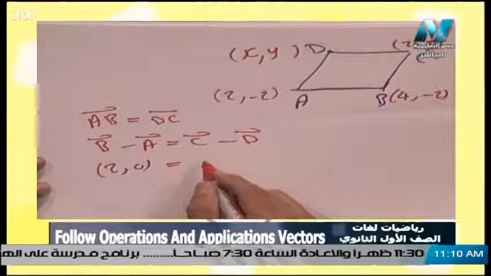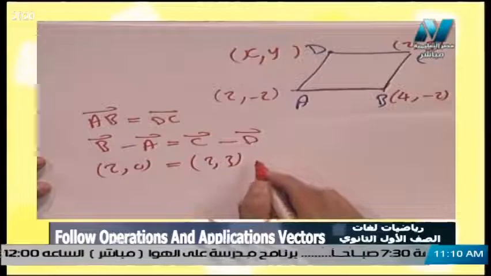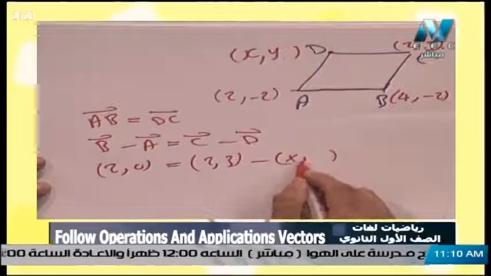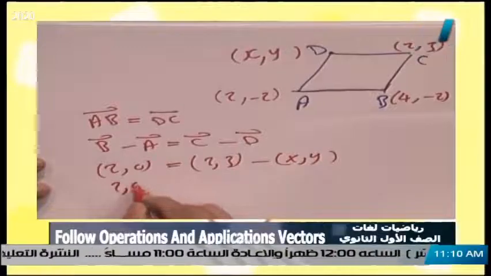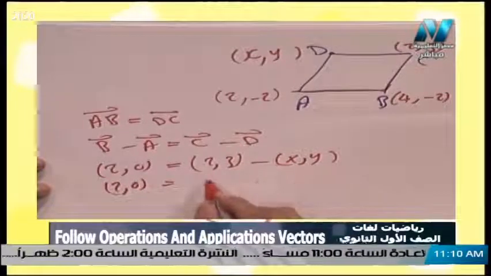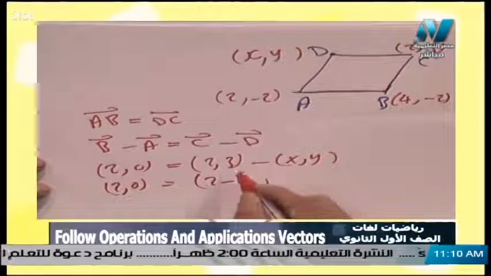C here is 2 and 3 minus D, which is X and Y. 2 and 0 here equals 2 minus X and 3 minus Y.